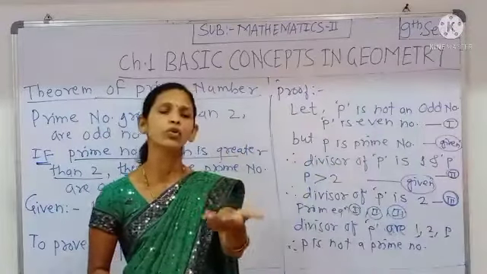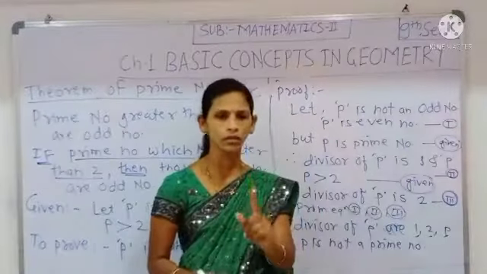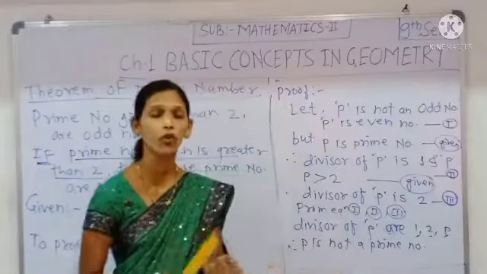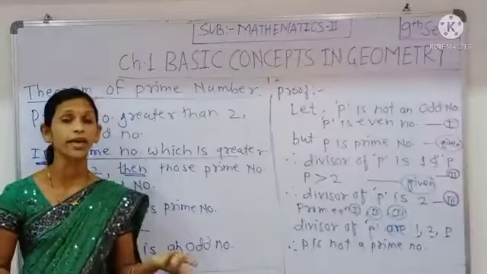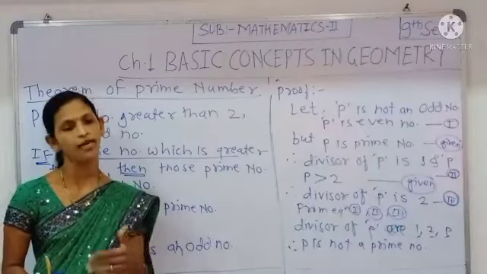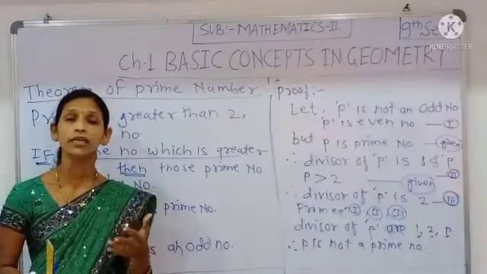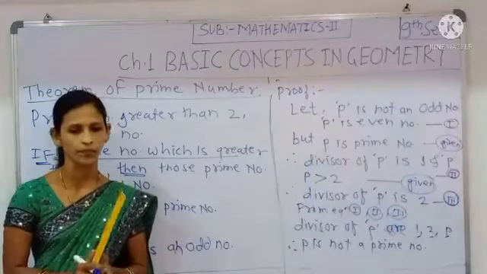Therefore we have to change this statement: P is an odd number. That is the proof of this theorem by the indirect method, which is based on logical thinking and logical concept, that is an imaginary part of the imaginary thinking.